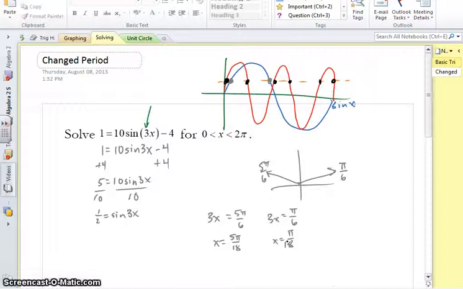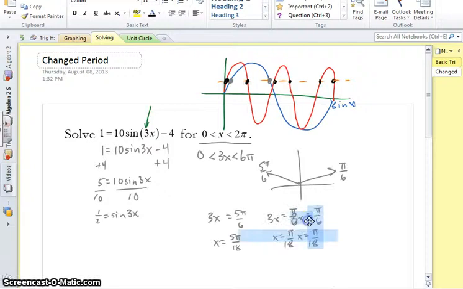However, the other consequence of the 3 being there is that our answers don't just come between 0 and 2 pi. We need to look for all the things for not just x, but for 3x initially. So we look between 0 and 6 pi. So our answers should not have been simply 5 pi over 6 and pi over 6.